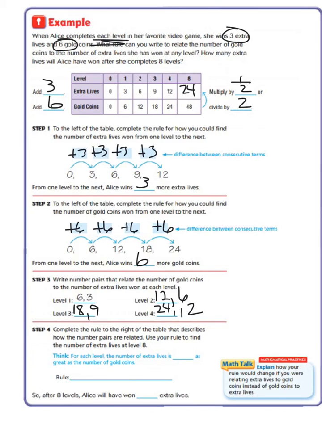So our rule is extra lives is half as great as the number of gold coins. So the rule is to multiply by 1/2, or we can do the inverse operation of that, which is to divide by 2. So after 8 levels, Alice will have won 24 extra lives.